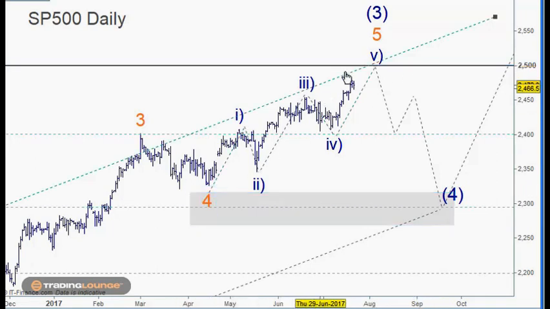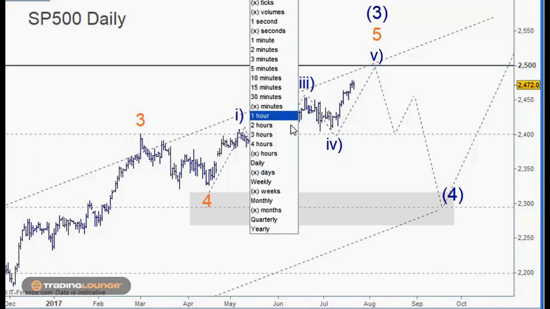From wave 4 to wave 5 here, we've got wave 1 and 2 and 3 and 4 and 5 to here. Then from wave 4 here, we're looking for 5 waves up, and currently we're in wave 4. So let's take a look at this on the 4-hour chart.